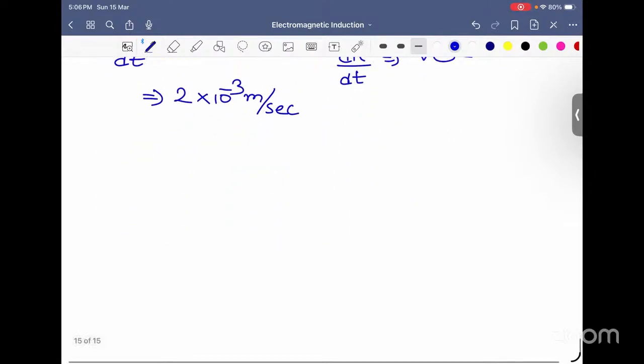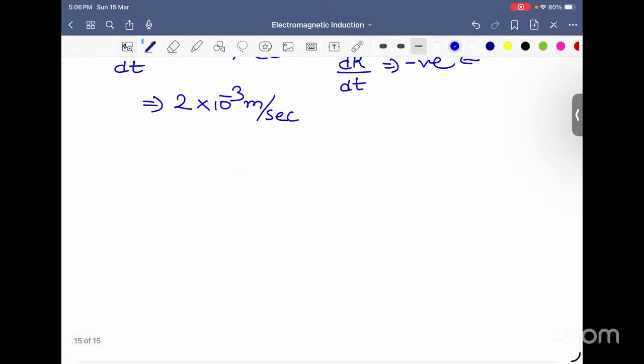We know that EMF is given as the magnitude of d phi by dt. I'm not taking signs here; it's from Lenz law, we already have deduced this.